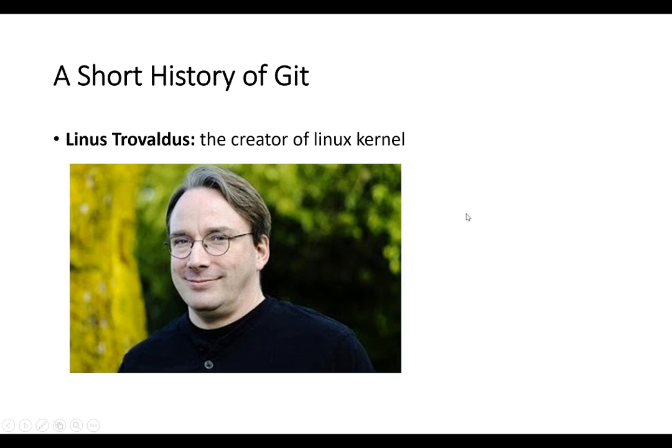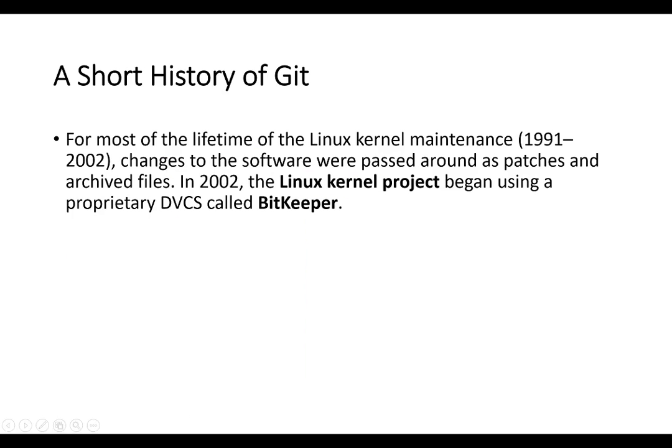Here is a short history of Git. Git was invented by Linus, who is the creator of the Linux kernel. In 2002, the Linux kernel project used a tool called BitKeeper to manage all the documents and files and patches of the Linux kernel project.